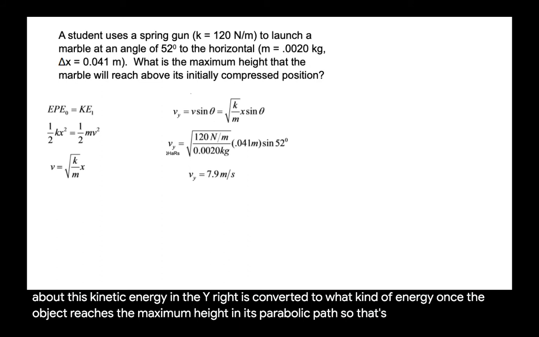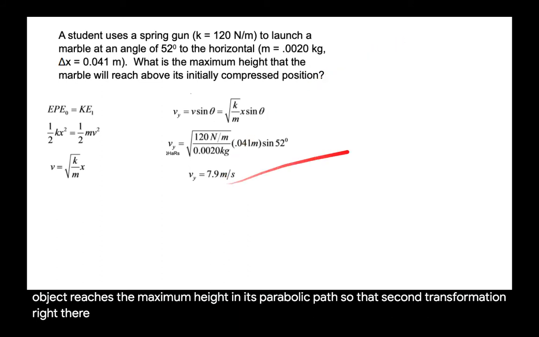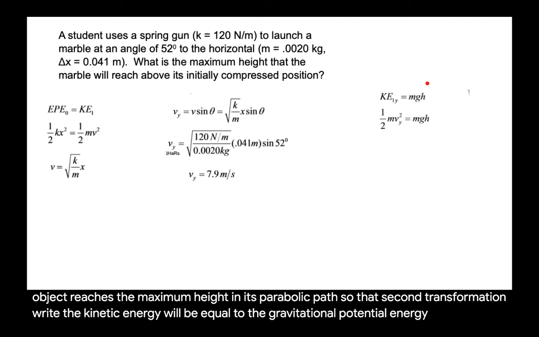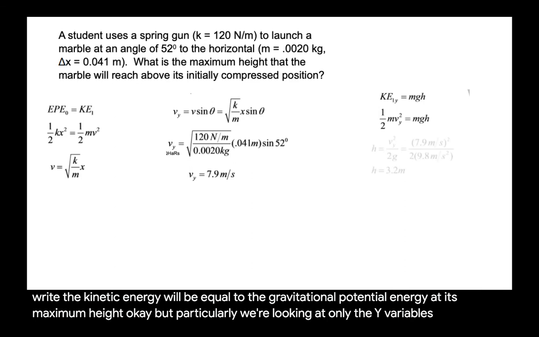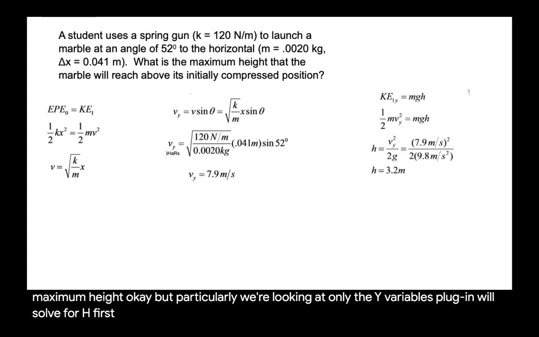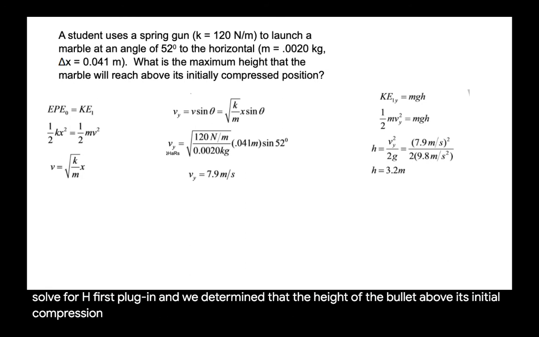That second transformation: the kinetic energy will be equal to the gravitational potential energy at its maximum height. Particularly, we're looking at only the y variables. So we solve for h first, plug in, and we determine that the height of the bullet above its initial compression point would be 3.2 meters.